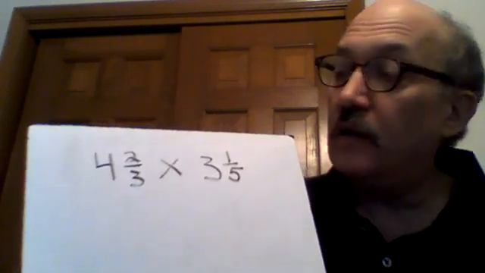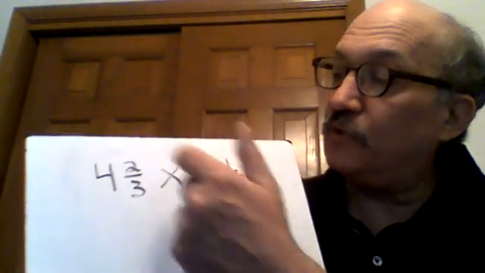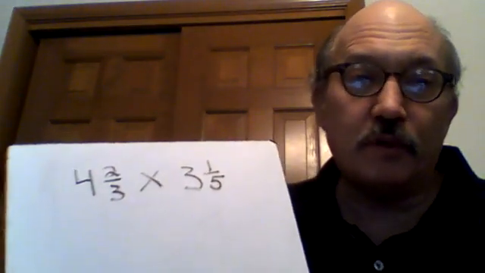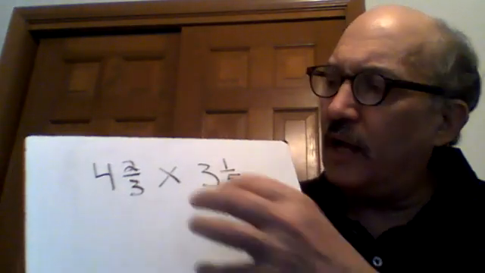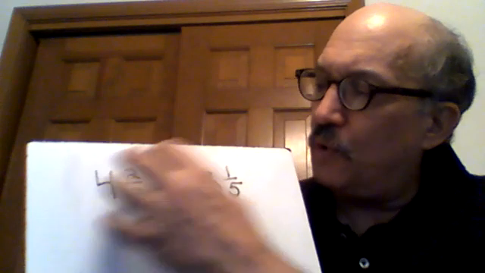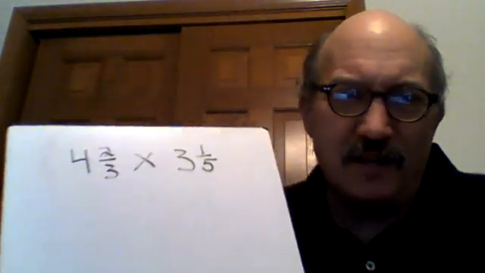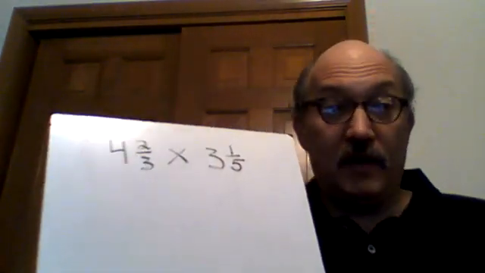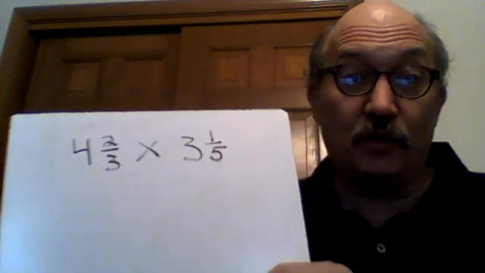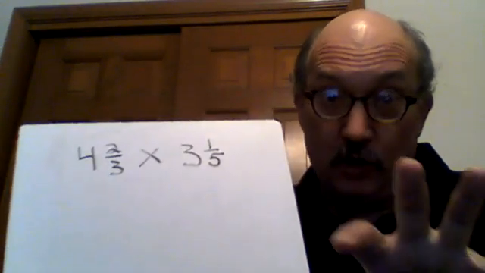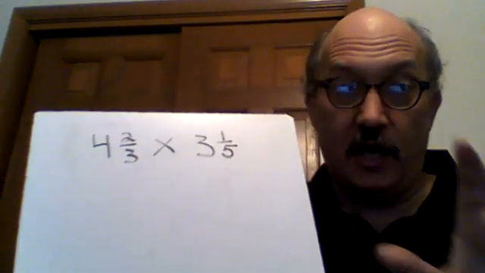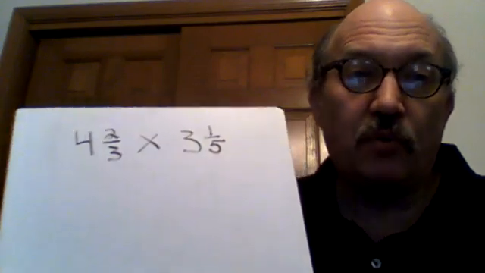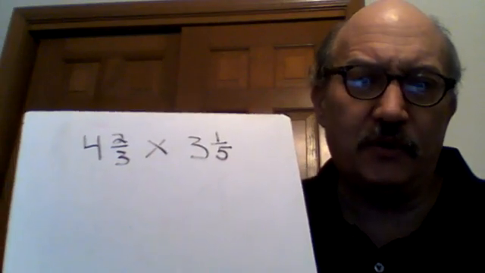If we had made the mistake of 4 times 3 and 2/3 times 1/5, put them together, we're not multiplying all of this number by all of this number. We're just taking a couple of pieces of it. And my video of 2.5 times 2.5 actually shows that, literally with some geometry, how some pieces of the problem are left out when you make that mistake.